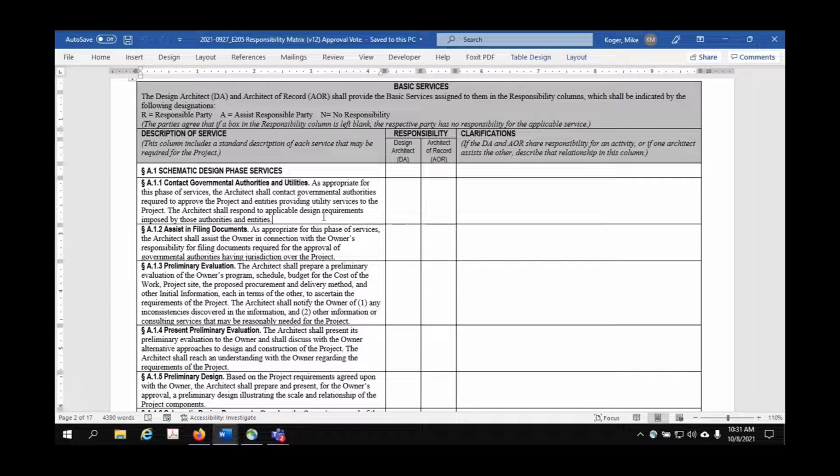Wolf, something you said very early on was you were differentiating between a hard transfer of responsibility and a blended type of services. Of course, this E205 is all about blending services, where you've got a design architect and an architect of record who are really doing work throughout the project.